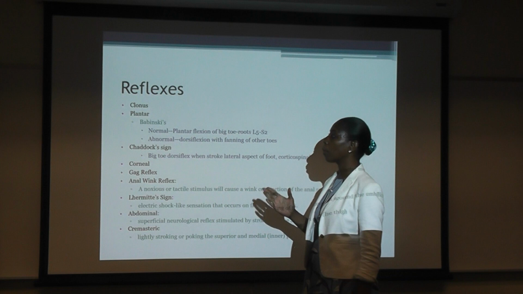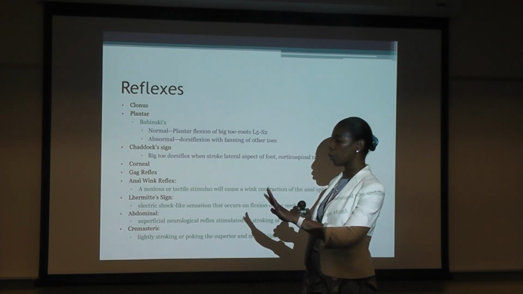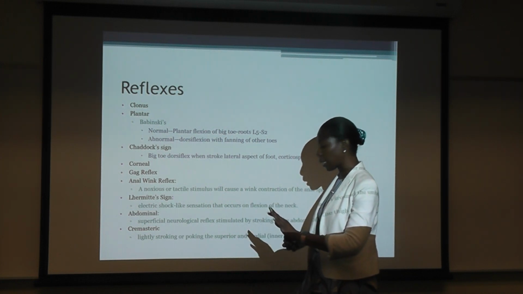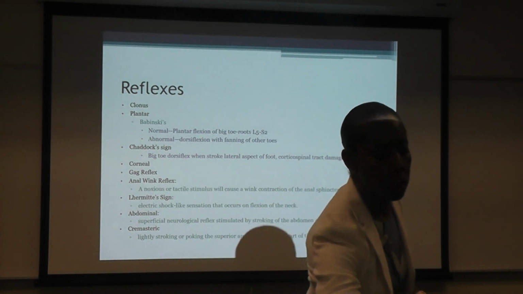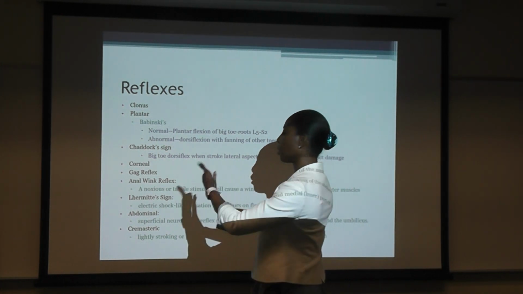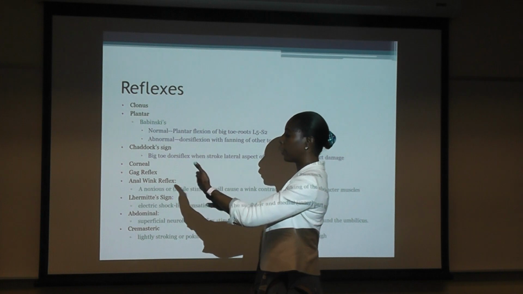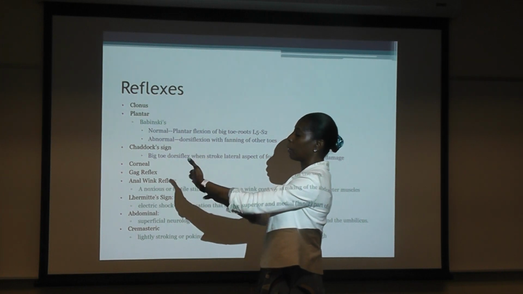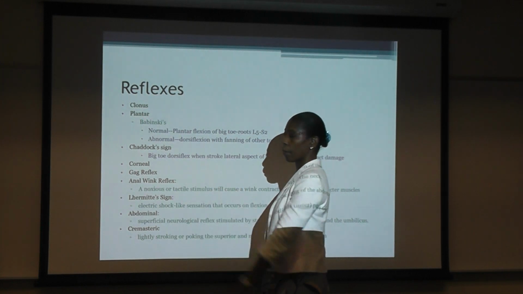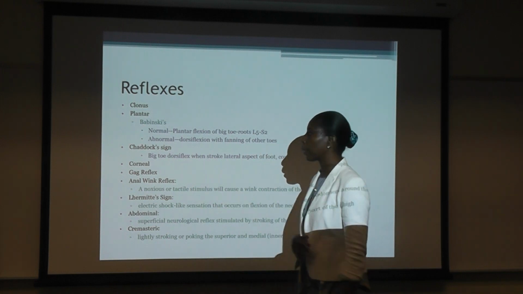You have clonus. How do you test clonus? You have the patient, you put their foot against your hand, and the foot, if they have clonus, will beat like this, will have several beats. And that usually indicates that there's spinal cord injury.